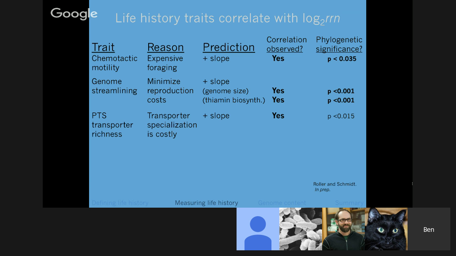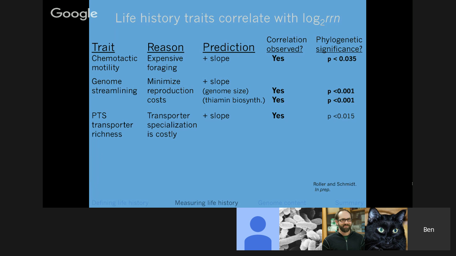And we do see the relationship between PTS transporter richness and rRNA operon copy number, but only when we exclude phylogeny from the model. It seems that PTS transporter richness is only very high in a few clades of organisms. There's a few clades of gamma proteobacteria and a few clades of firmicutes that have high copy number and high PTS transporters, and that drives most of the signal in our data.